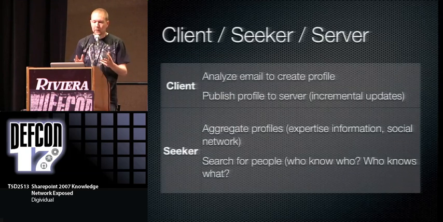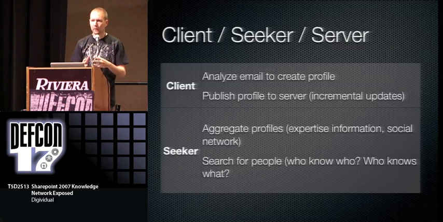It's a client-server product, but it has a component called the Seeker. Some of the client components will actually run inside of Outlook, inside of your email client on your desktop, and it will constantly be feeding information back to the server, which will store it, and the Seeker will index it.